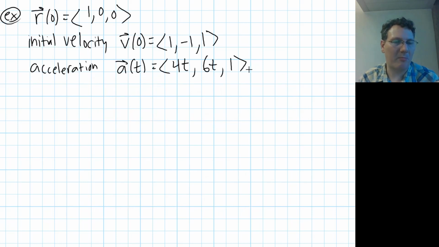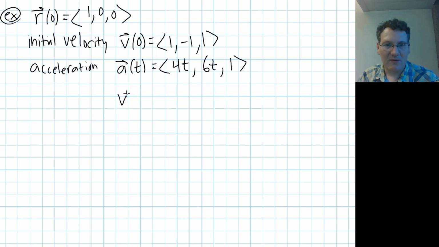We know that a particle is starting out at the coordinates 1, 0, 0, so that's its position vector at time 0 is 1, 0, 0. We have an initial velocity of 1, negative 1, 1, so that's v of 0. And if we're given the acceleration function at time t, we can backtrack using integration to find the position vector function.